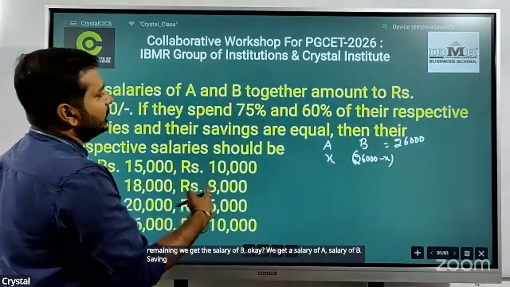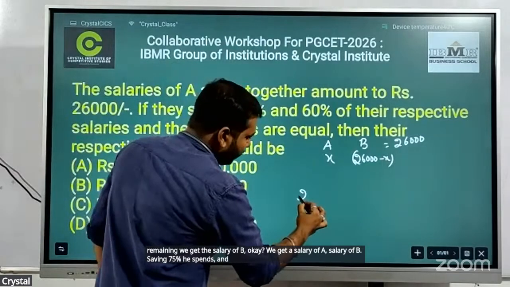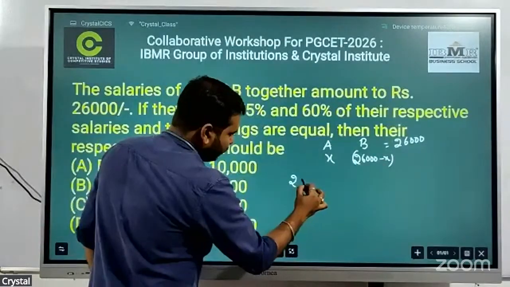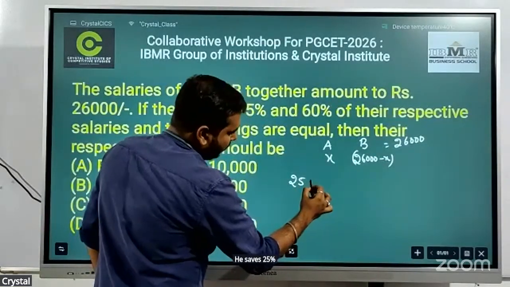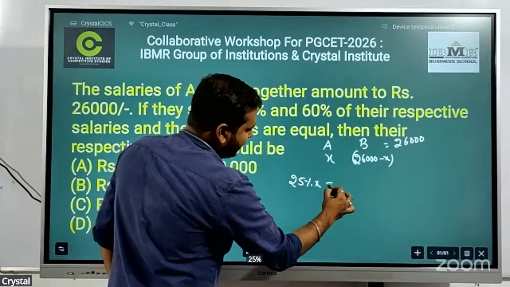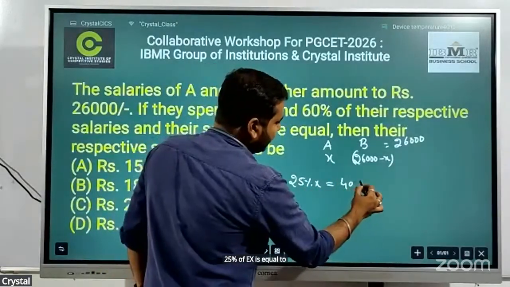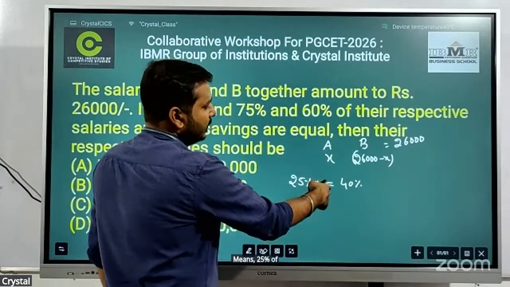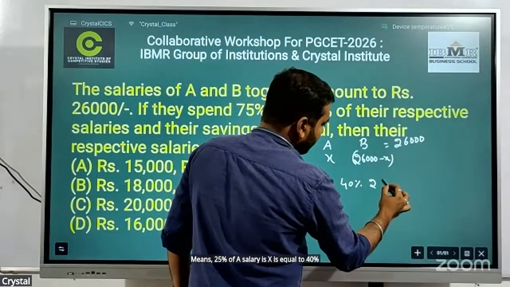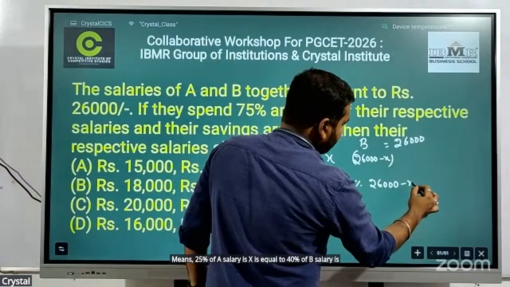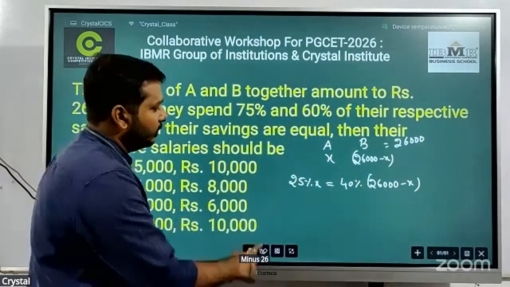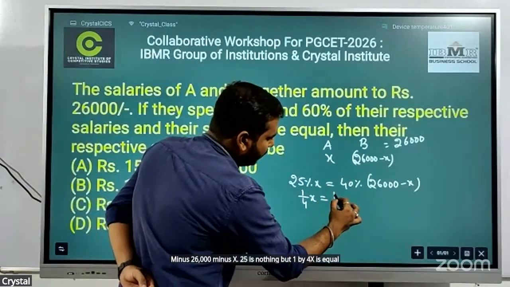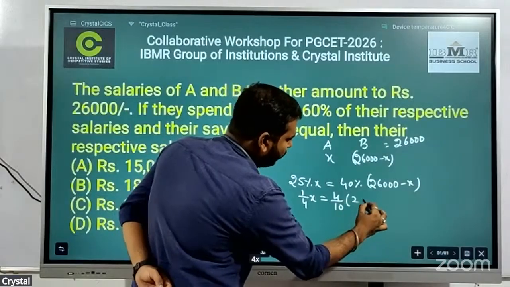He spends 75% and saves 25%. 25% of X is equal to 40% of B's salary, which is 26,000 minus X. 25% is nothing but 1 by 4, and 40% is 4 by 10.